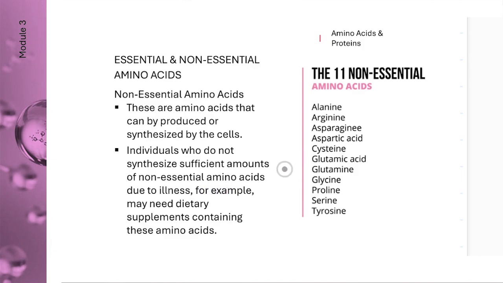So it's good to also learn them. Of course, if you know the 20 amino acids, you know that the balance of the 11 amino acids form the non-essential ones. So it's good that you also get the 3-letter word for each of them.